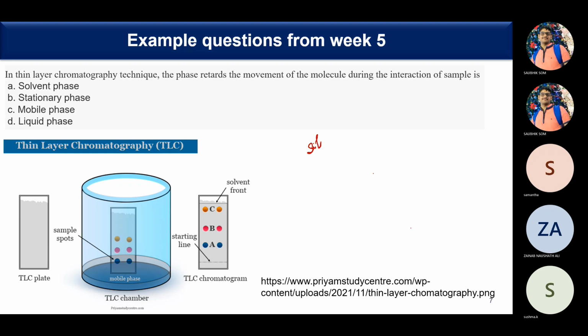Silica gel is a polar thing. This kind of chromatography is always based on the concept of polar versus non-polar, correct?